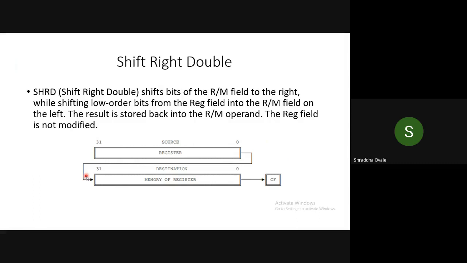Okay. And they are going to the left side of the memory of the register. This is the left side of the destination. Okay. And the result is stored back into the RM operand, or RM operand means what? Memory of register operand. And the REG field is not modified. So the REG field will not be modified, and whatever bit is shifted out over here will get carried in this CF flag.